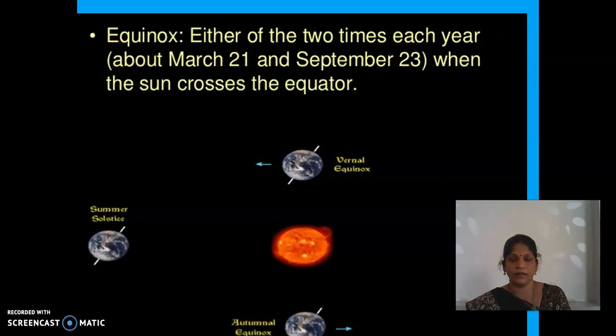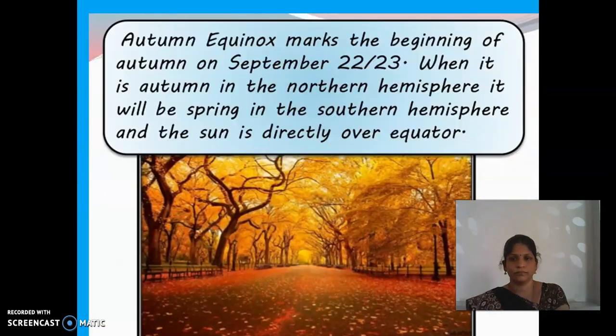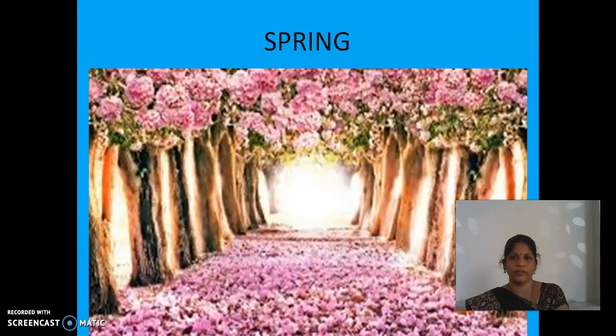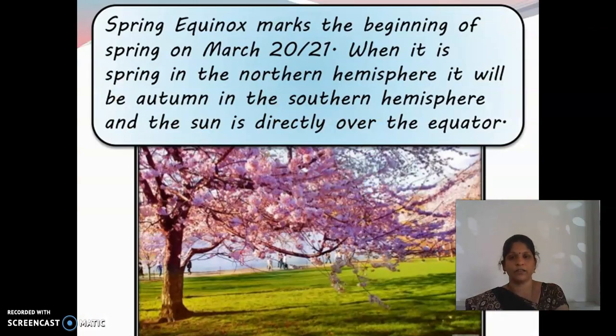Okay. That is spring equinox and autumnal equinox. Autumn equinox is September 22 or 23, and spring equinox is March 20 or 21.